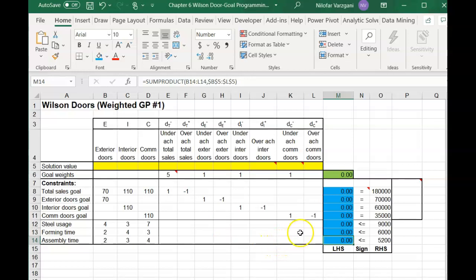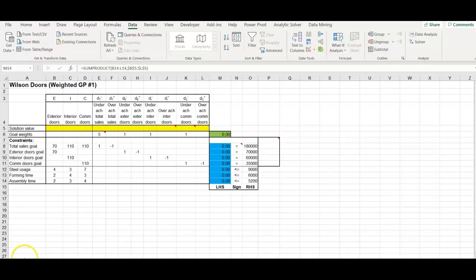So we're going to move on to Solver. Before I open up the Solver window, as a part of the solution, I would like to know by how much I overachieve and underachieve each goal.